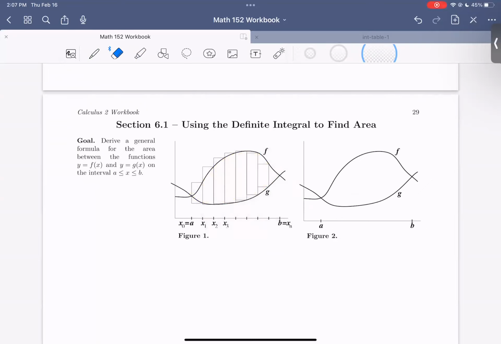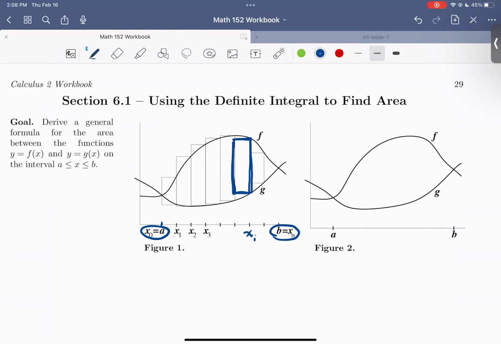Here we have a partition of our interval from a to b, and we can call these values x sub 1, 2, 3, etc. A general one, we'll call this right side x sub i. If we want to talk about the area of this particular rectangle, how would we talk about it?